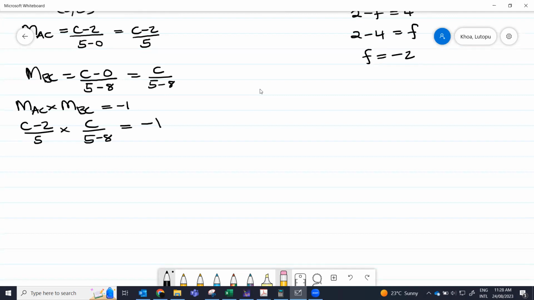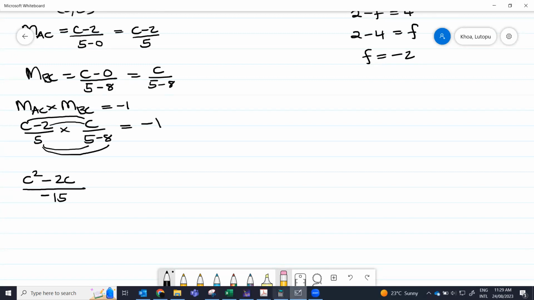Okay, so we know how to multiply numerator times numerator, denominator times denominator. So c times c, this is c squared. And then minus 2 times c is minus 2c. Then in the denominator, 5 times 5, this is 25, but it's much easier if I work this out first. 5 minus 8 is minus 3, and then 5 times minus 3 is minus 15.